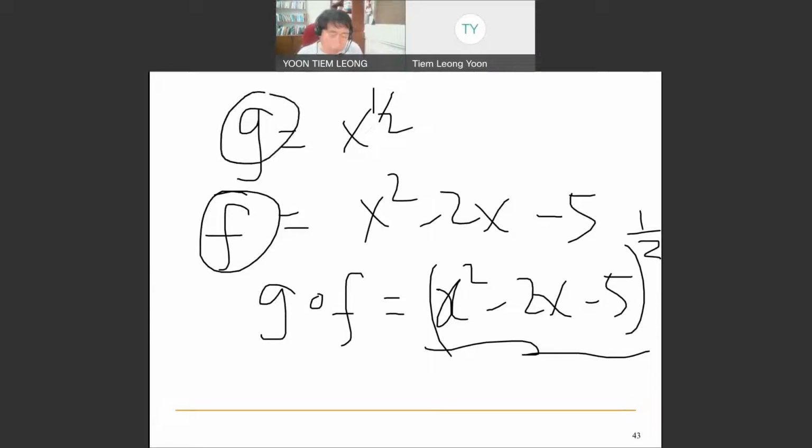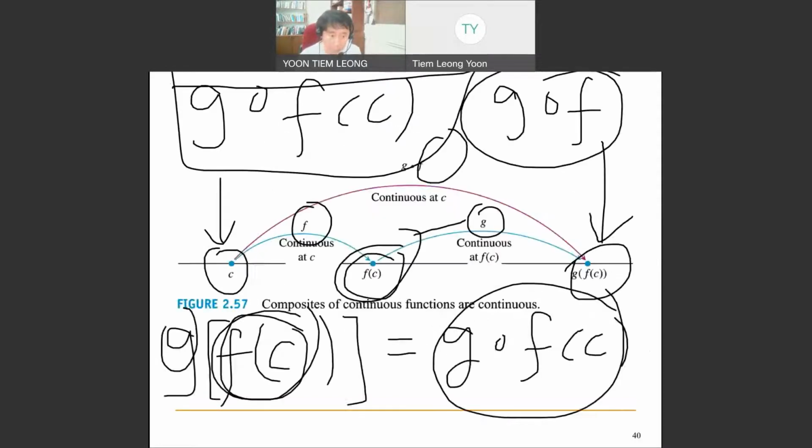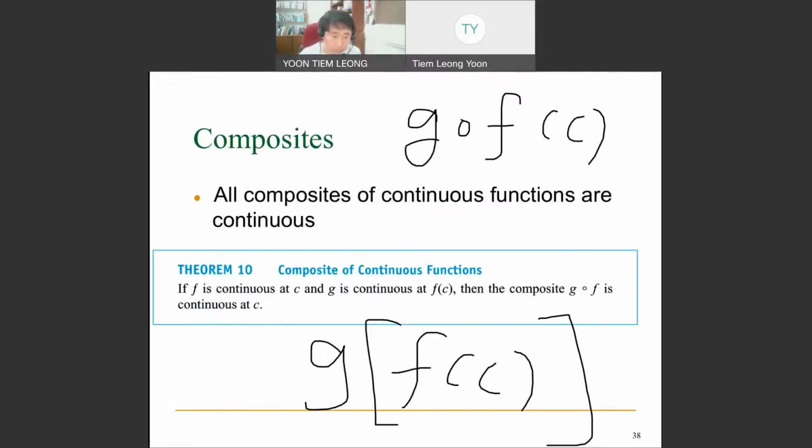G is also continuous for all arguments that are in the range of f of x. Then this expression should also be continuous by virtue of theorem 10, right?